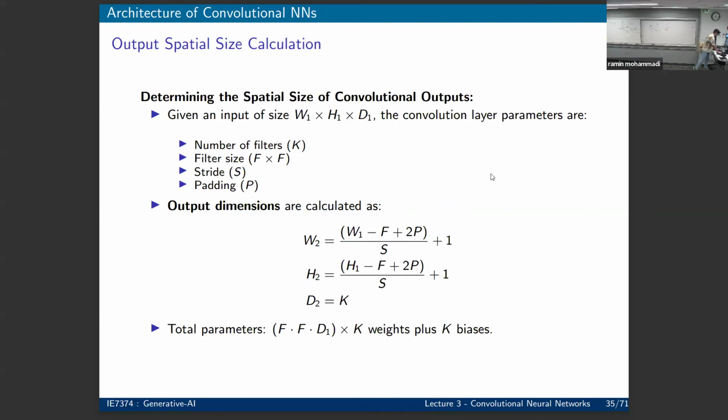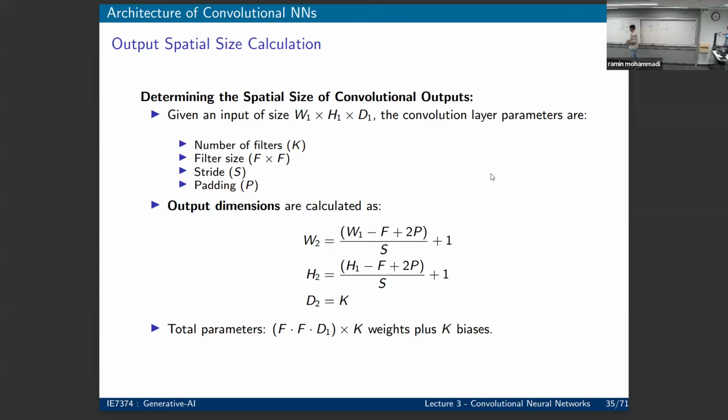You can pre-compute the output dimension from a convolutional layer. If you have an image and you want to apply convolution on it, considering you know the hyperparameters you are selecting, you already know what the output, this activation map, is going to look like.